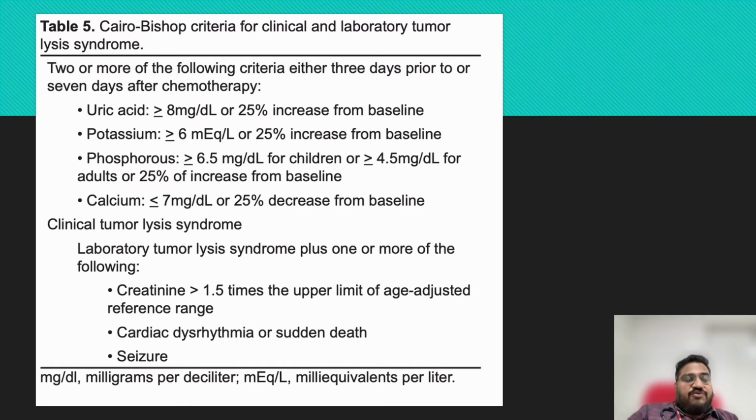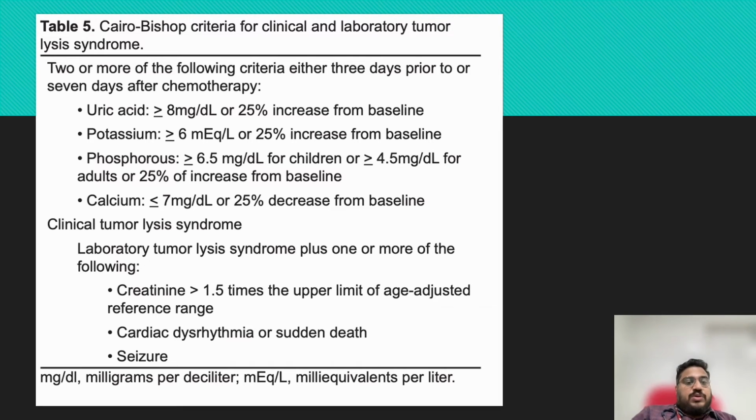Phosphorus more than 6.5 milligram per deciliter for children and 4.5 milligram per deciliter for adults, or again 25% increase from the baseline. And calcium, you will see hypocalcemia here, less than 7 milligram per deciliter or 25% decrease from the baseline. These are the lab criteria by which, if 2 or more of these are there, you can suspect tumor lysis syndrome.